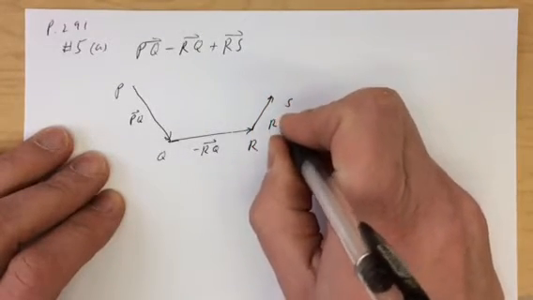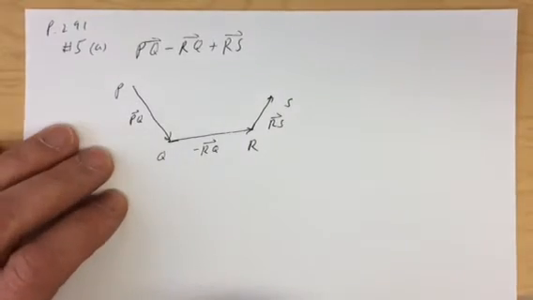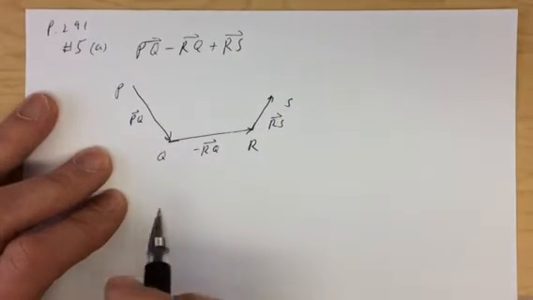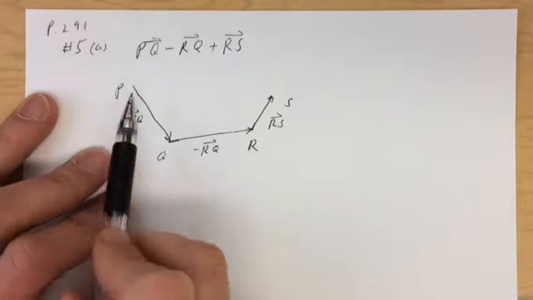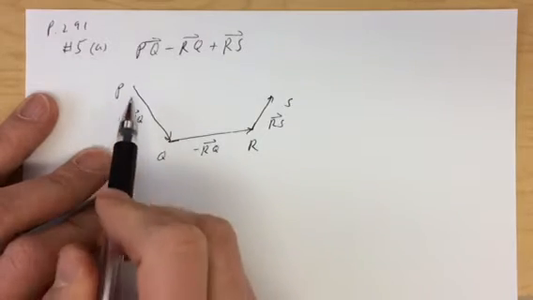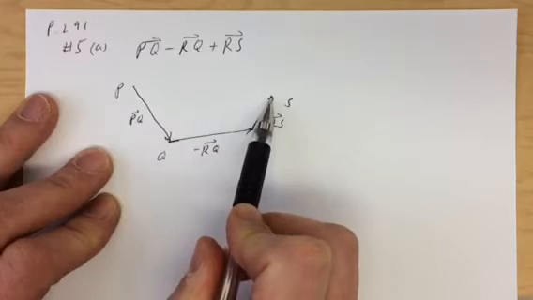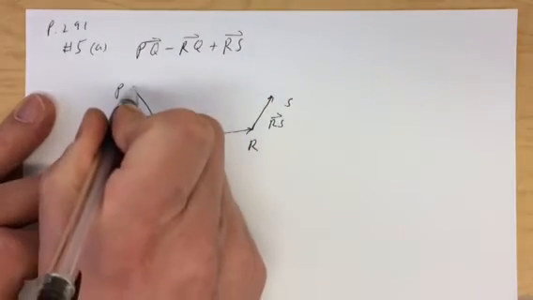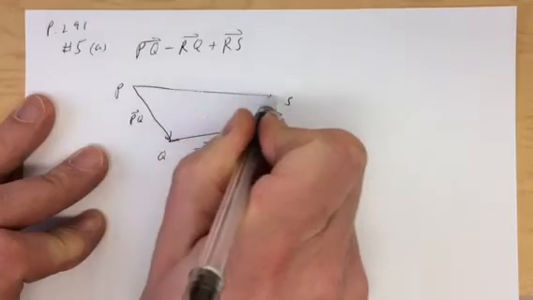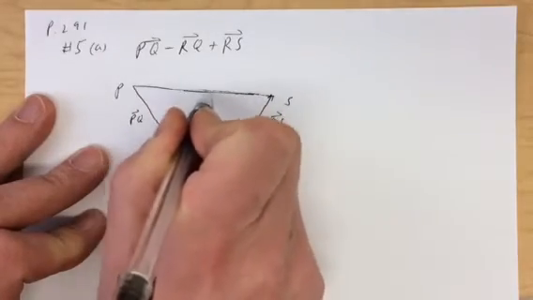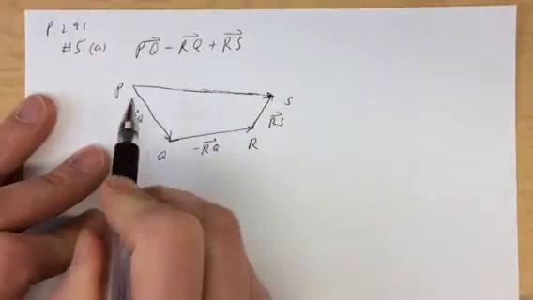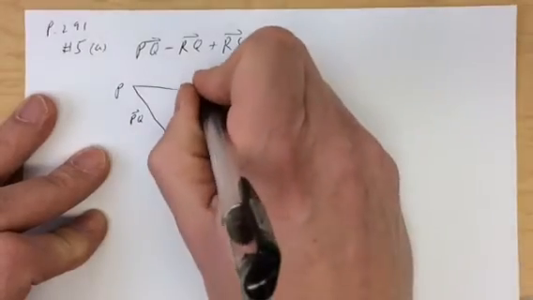So that one is RS. The resultant vector is from the starting point when we're doing this tip to tail method, from the starting point all the way to the final point. Okay, so the resultant there is then PS.